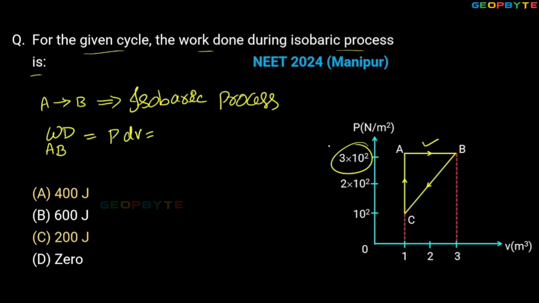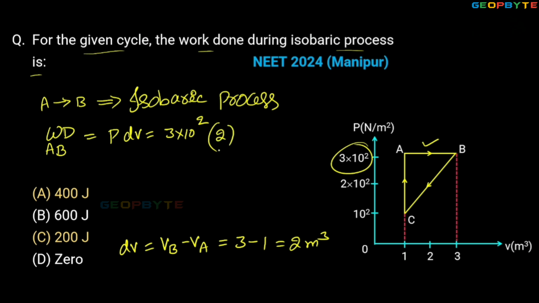P is 3 into 10 power 2 Newton per meter square into dV. dV equals volume at B minus volume at A. Volume at B is 3, volume at A is 1, equal to 2 meter cube. So 300 into 2 is equal to 600 Newton meter or joule. That is the answer. Look at the option B. Option B is absolutely correct.